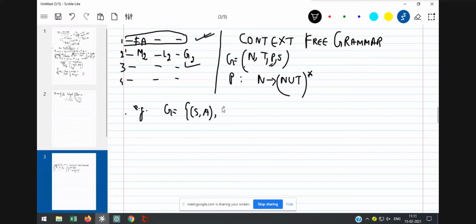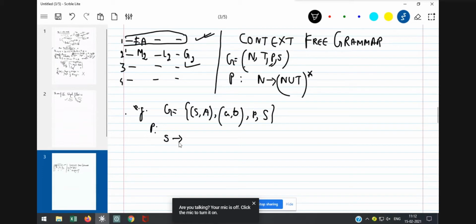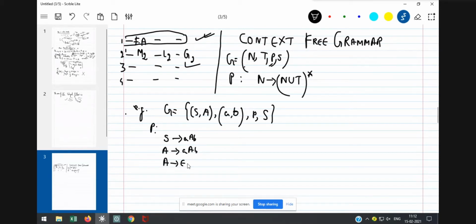I'm taking a simpler example, and the set of terminals is a, b, and then P, the production rules, and the start symbol S. Let me number these as 1, 2, 3, separated by or.